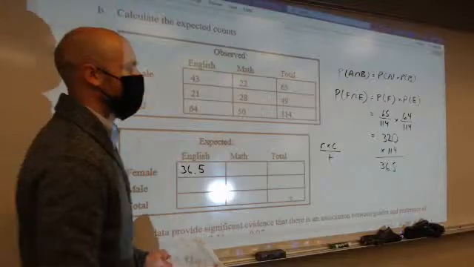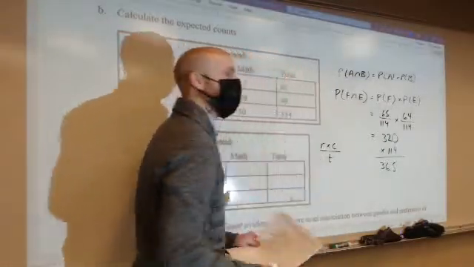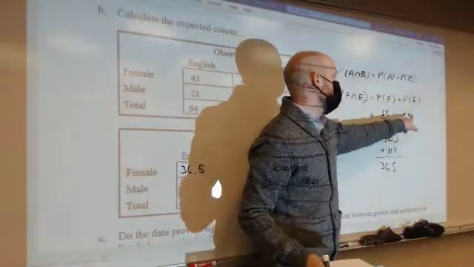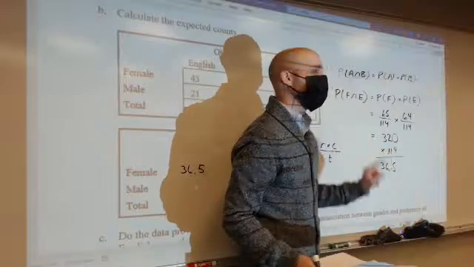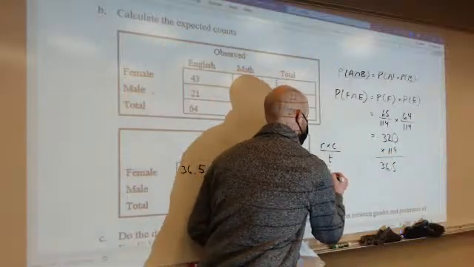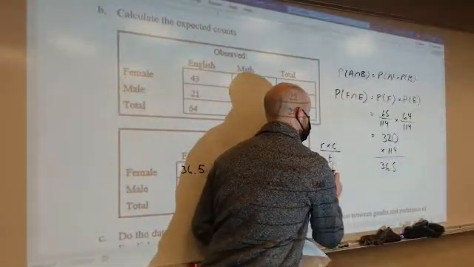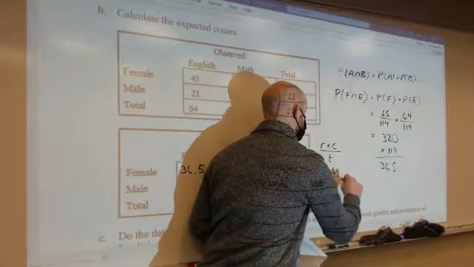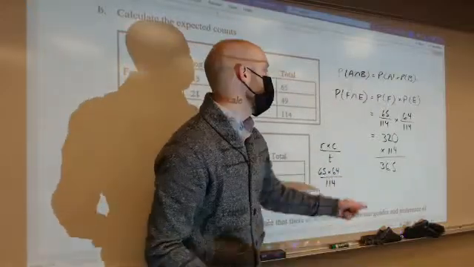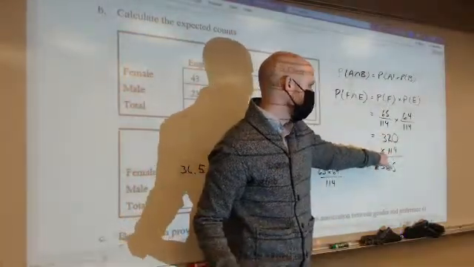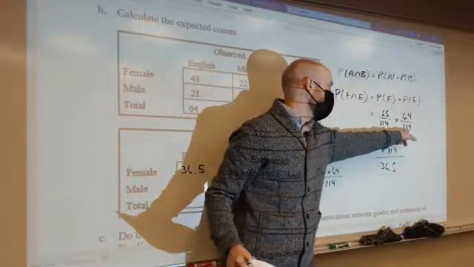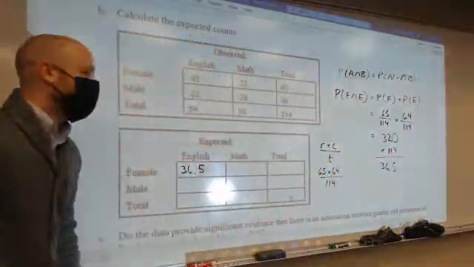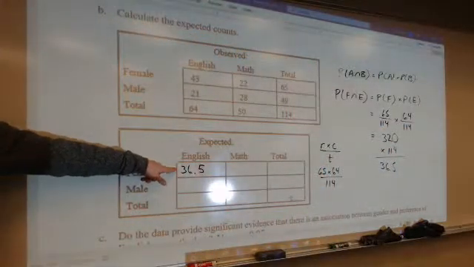All right, row times column divided by total is what that ends up being. So you could have done 65 times 64 divided by 114, and then basically you're just skipping the multiply by 114 step. And that will also get you to the 36.5.